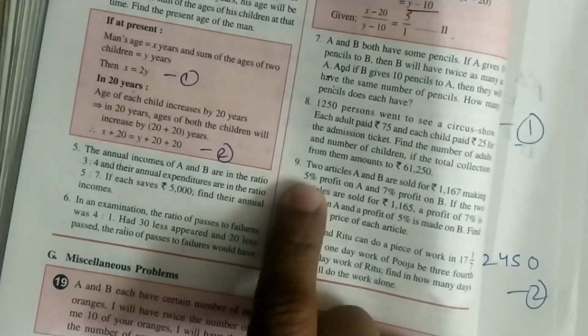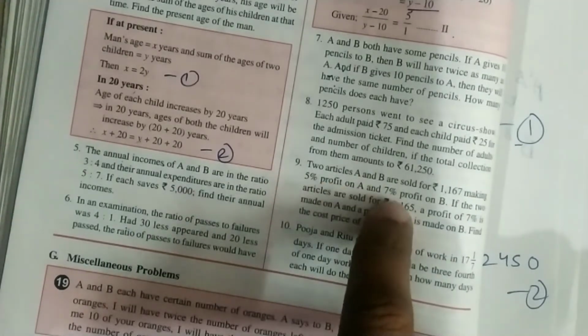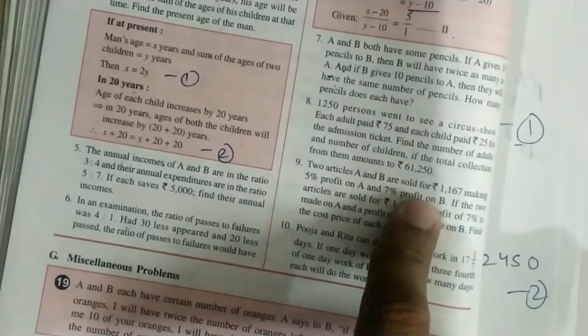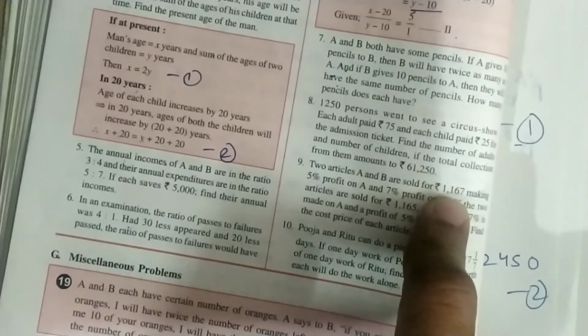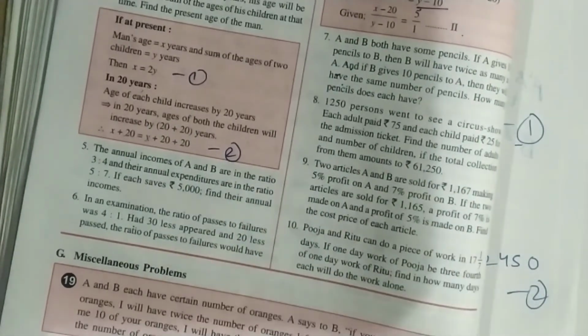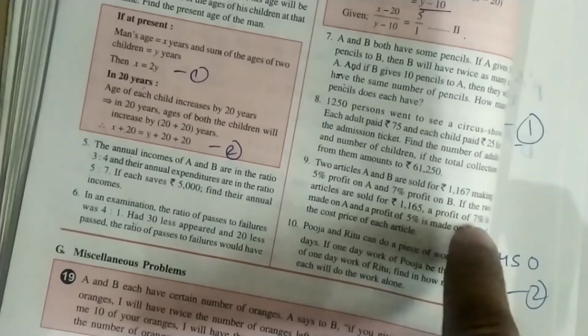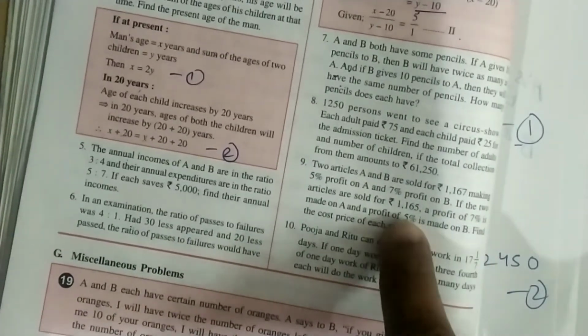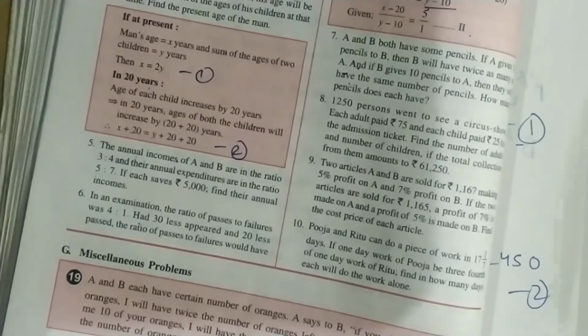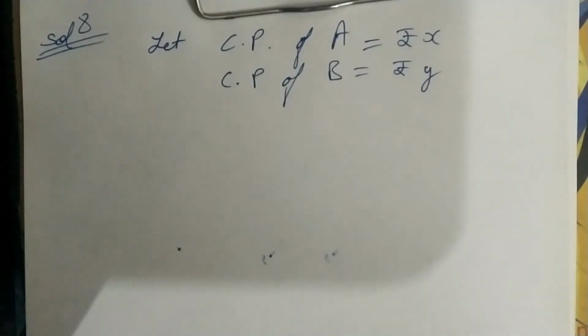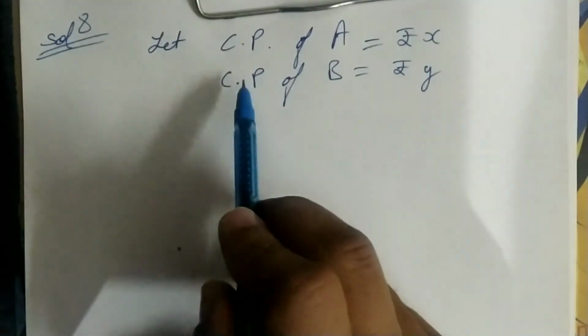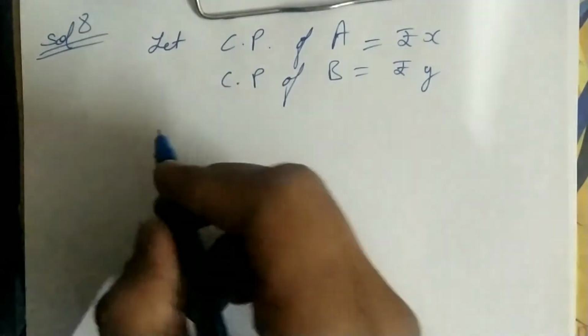Then 5% profit was on A, and on adding 7% profit on B, we will get the selling price, that is 1167. And same way, profit 7% on A, 5% on B, we will get this selling price.